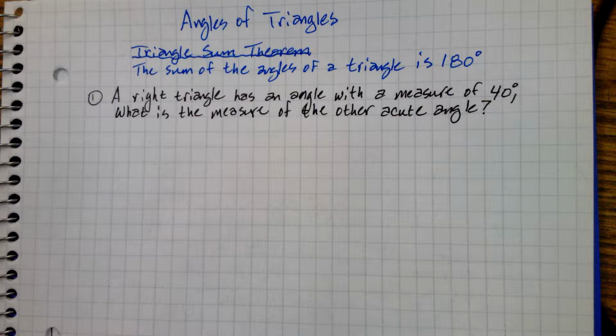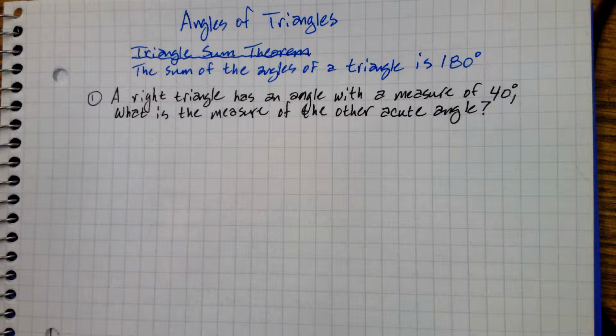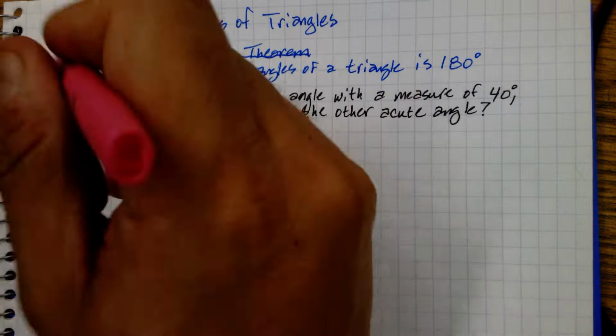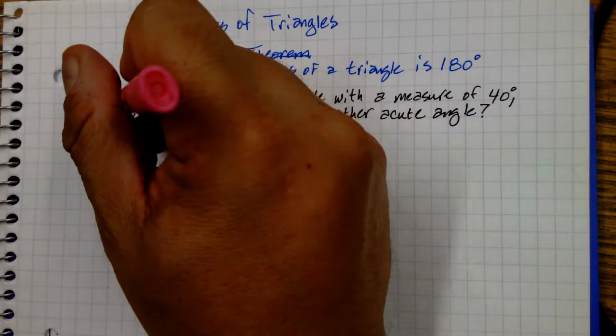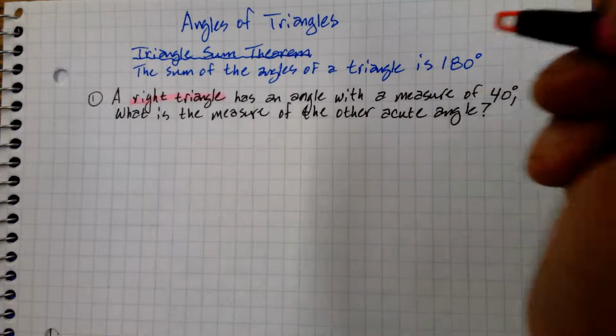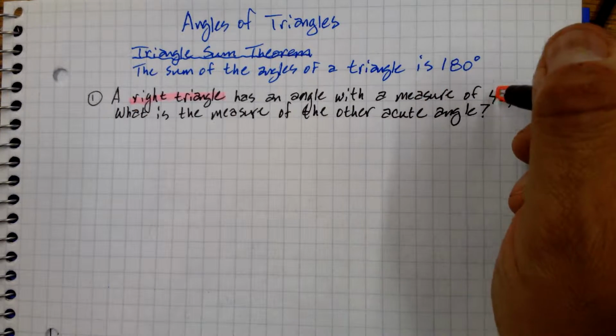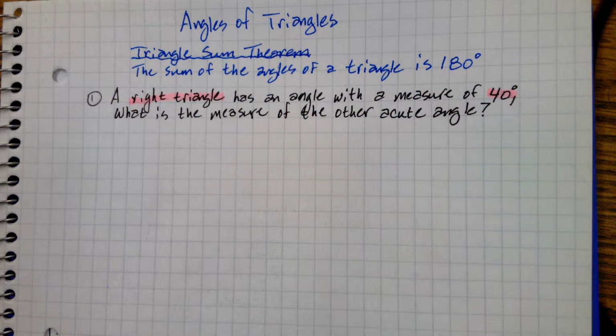So most of these questions are going to be along this line where they want us to find the measurement of some unknown angle. So they tell us it's a right triangle, and then we have one that's also 40 degrees.